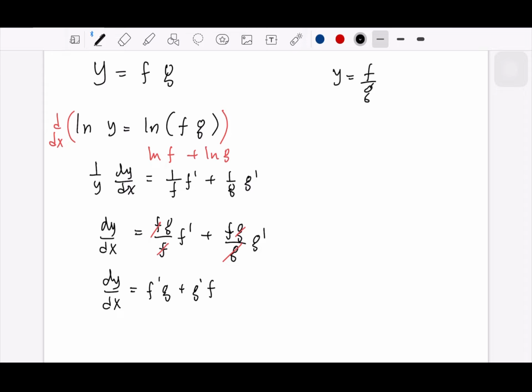Try using the ln, and the difference will be, instead of plus, it will be ln f minus ln g. Right? And then you can start to differentiate, and it will go like this, and that would be the same thing.